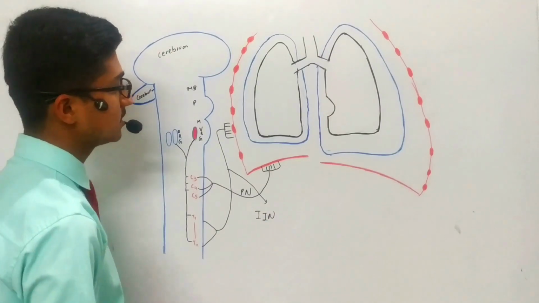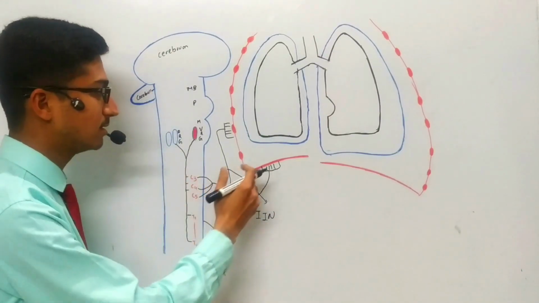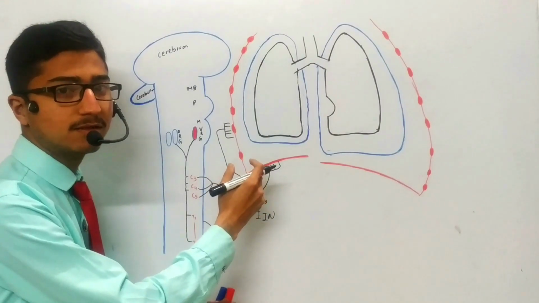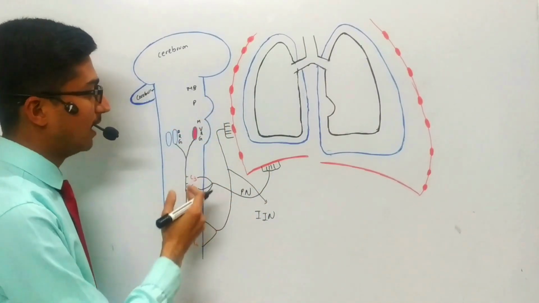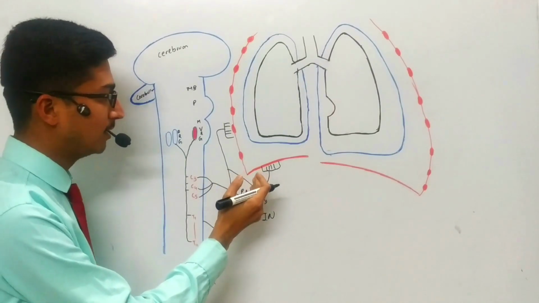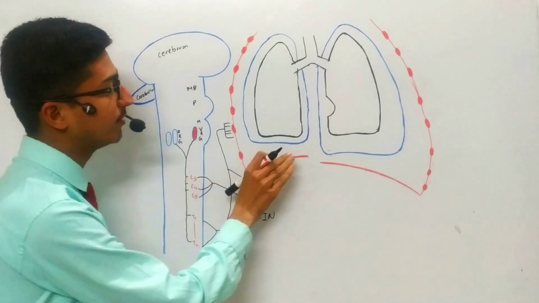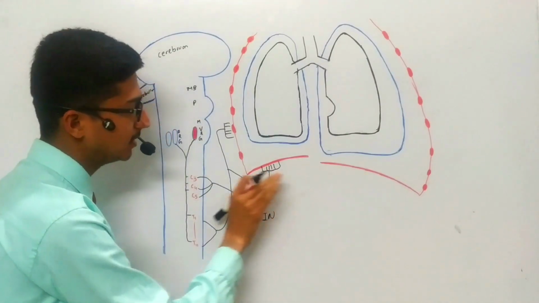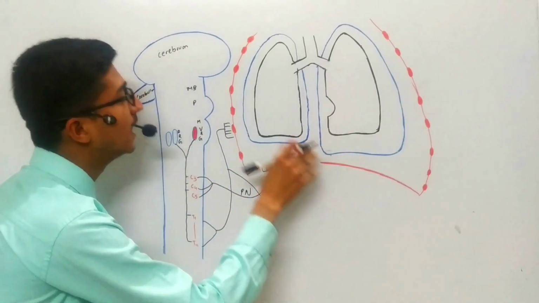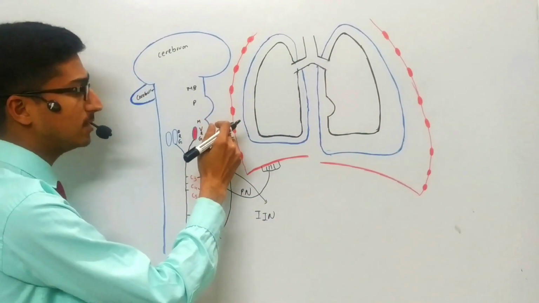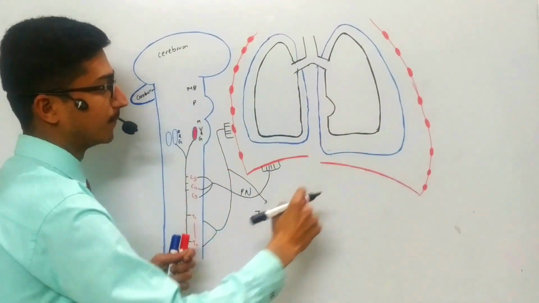Right, so let's see what happens when these nerves stimulate the diaphragm and the external intercostal muscles. As the diaphragm gets stimulated, it contracts and moves downward. It is a dome-shaped structure, and it starts moving downward. And these external intercostal muscles will move outward.